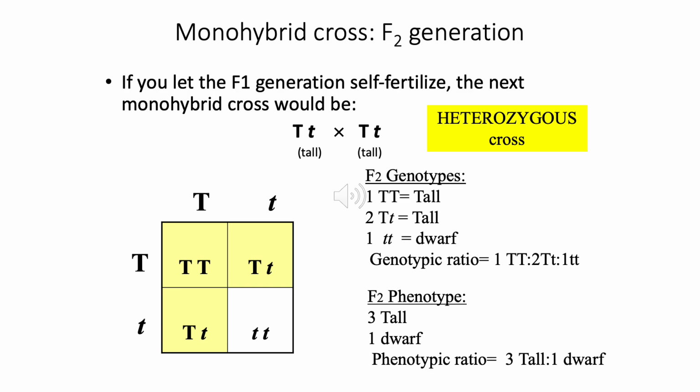So the genotypic ratio is 1 to 2 to 1. For the F2 phenotype, you can see only two types of phenotype are produced, three of them are tall and only one is dwarf. So the phenotypic ratio is 3 tall to 1 dwarf.